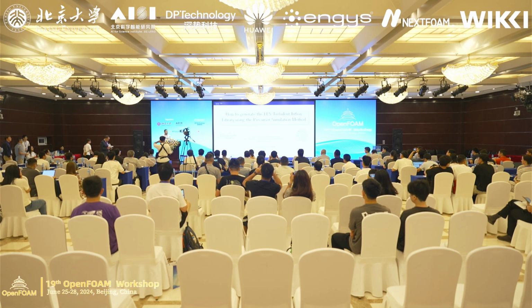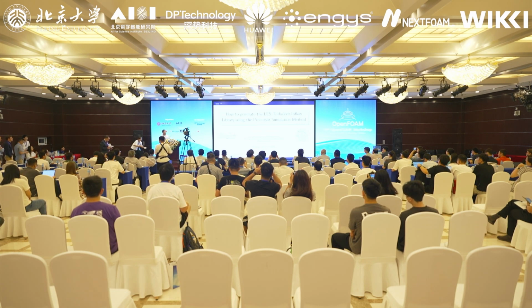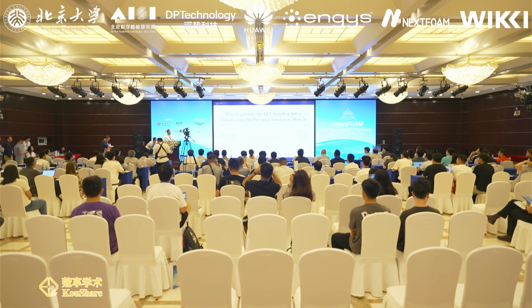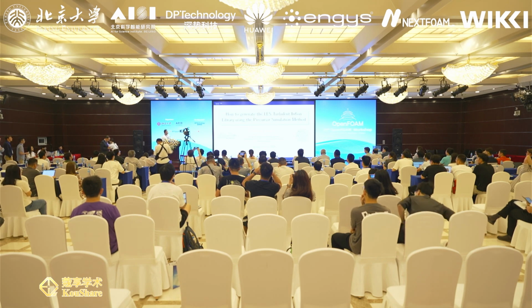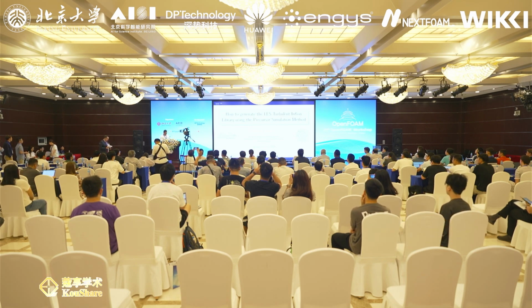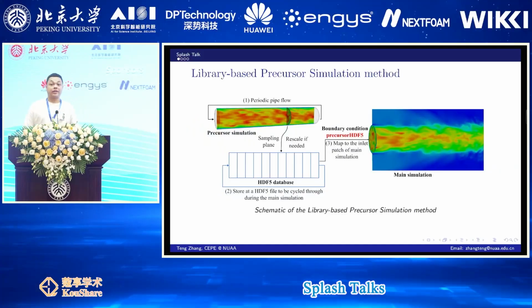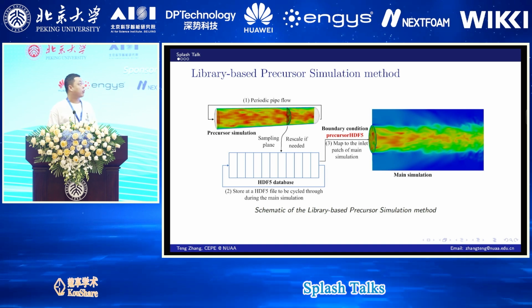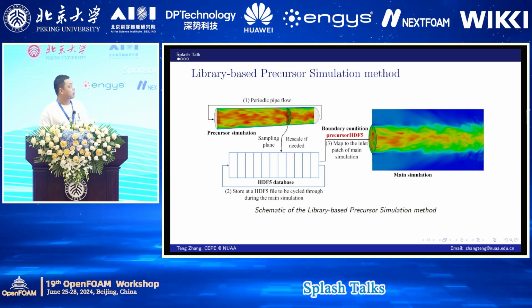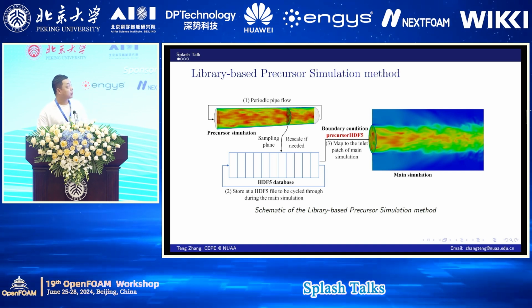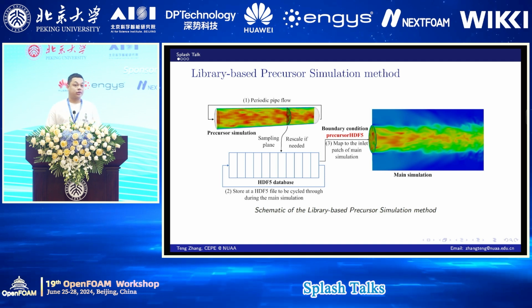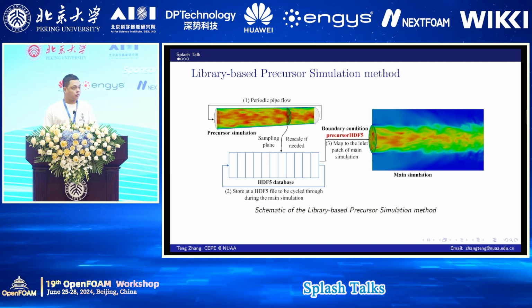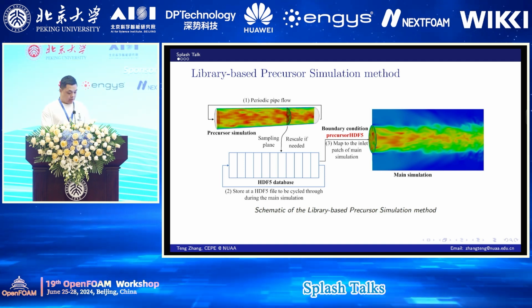Good morning. Today I want to share how to generate the RES turbulent inflow libraries using the precursor simulation method. As we know, the RES and DNIs are very sensitive to the turbulent inlet. So here we present the library-based precursor simulation method to generate the turbulent inflow for RES or DNIs.